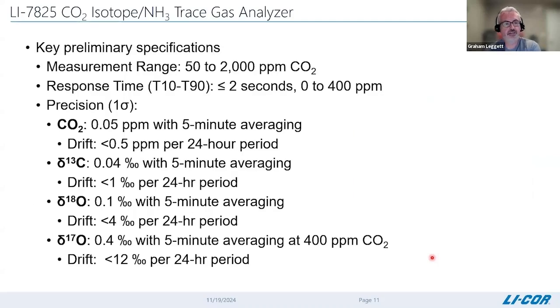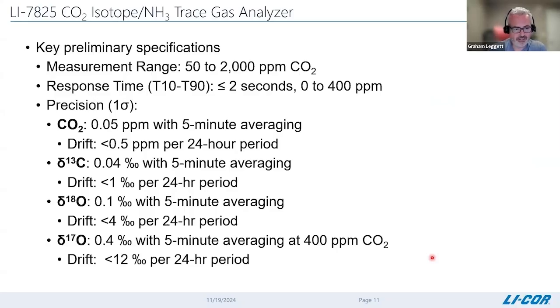Look at some of those key specifications: a wide operating measurement range in terms of CO₂ concentration, fast response time based on the low volume of the system. And as you can see, extremely high precision for CO₂ concentration, as well as delta 13C, 18O, and 17O, for example. Delta 13C down at 0.04 per mil with 5-minute averaging.